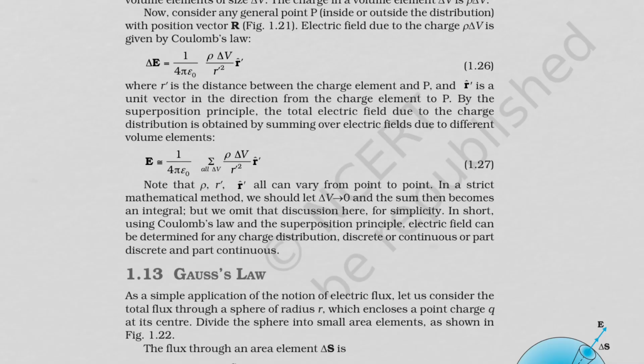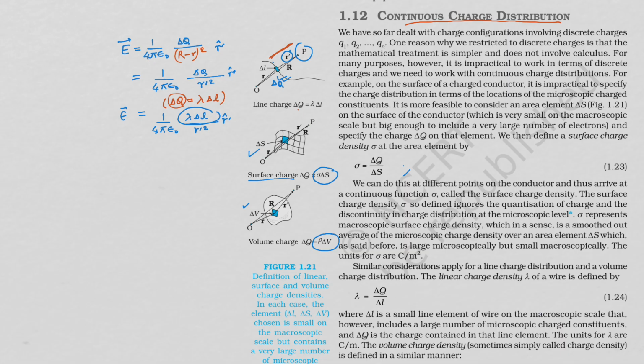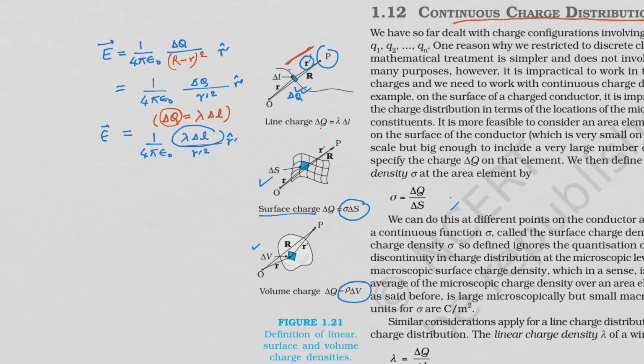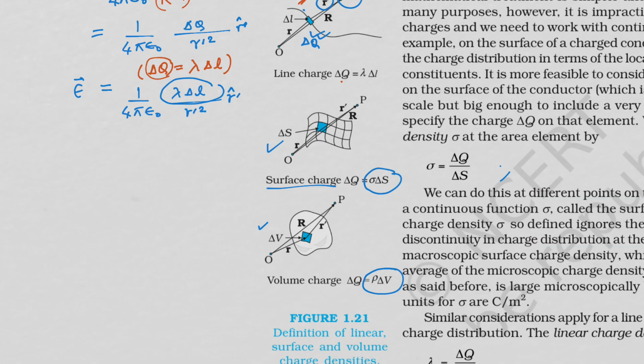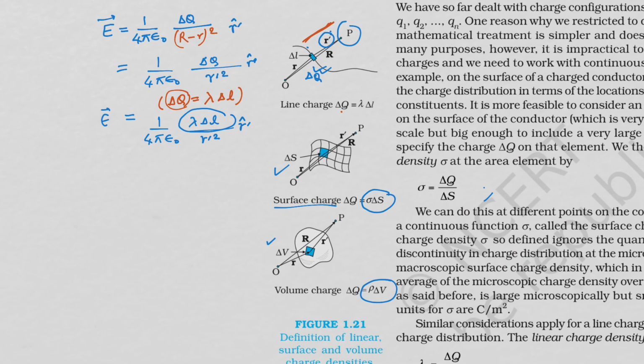Now let us understand what the problem part is here. We can use this so beautifully, so easily. I've done the calculations, but just think about if we change the test point charge from the given point to some other point here. In that case, the value of r will change, the value of r dash will change.